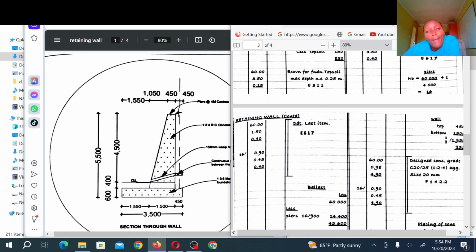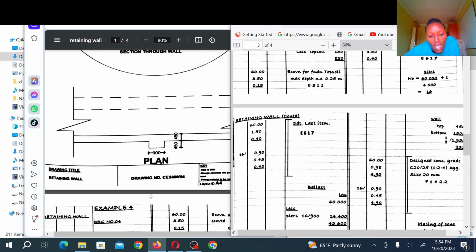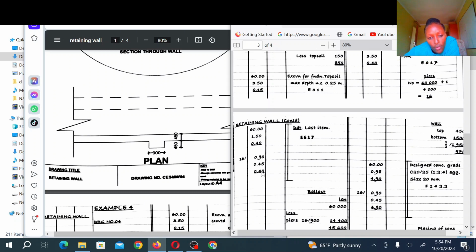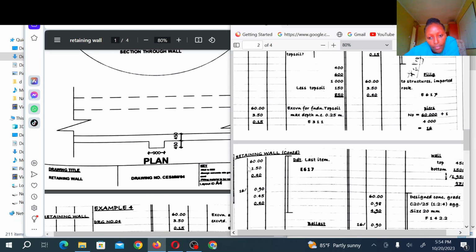So between the piers, we shall have the imported rock. That's why we are only deducting. The wall will be continuous from end to end, but the piers will appear 16 times, the volume of 1 pier. So it shall be 16 times 0.9, the width of the pier, times 0.45 times 0.4, the height.